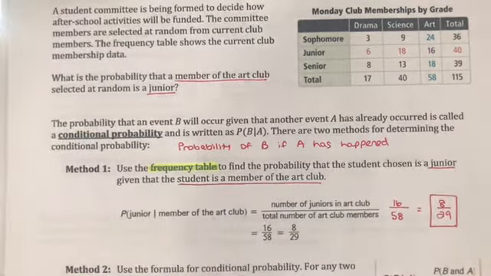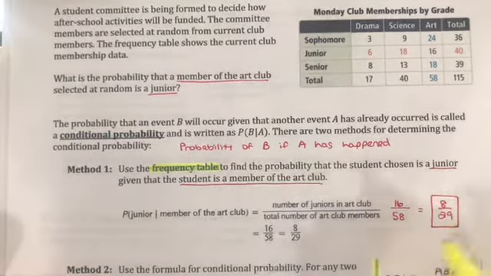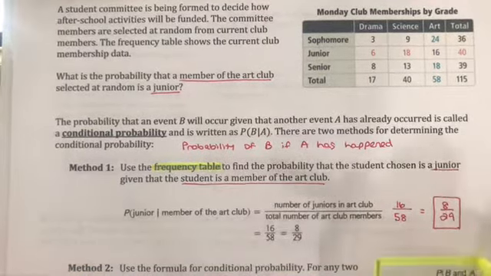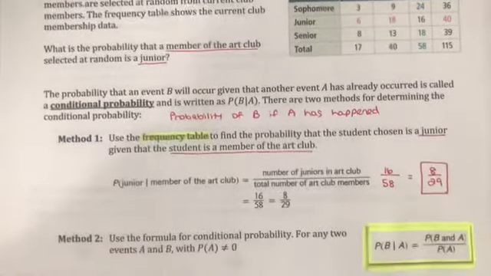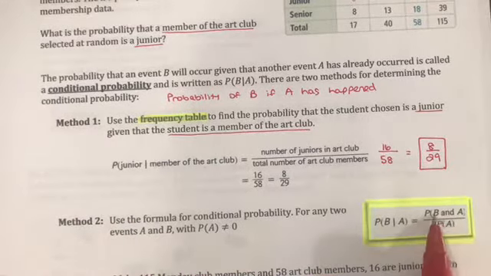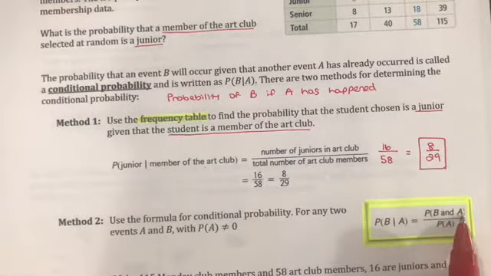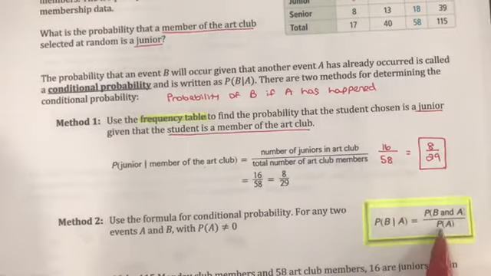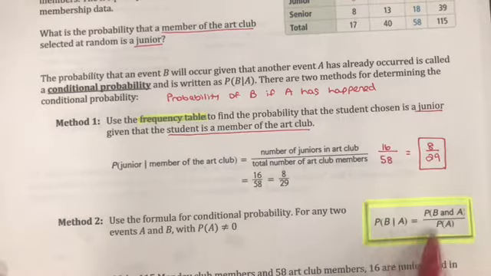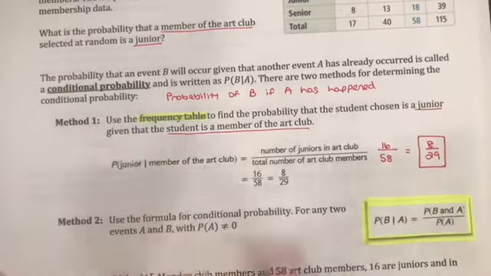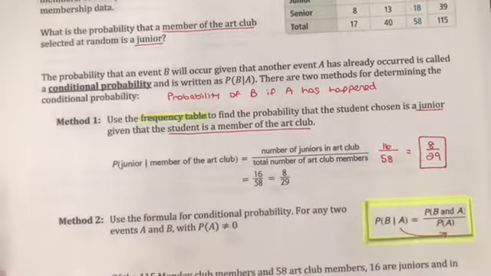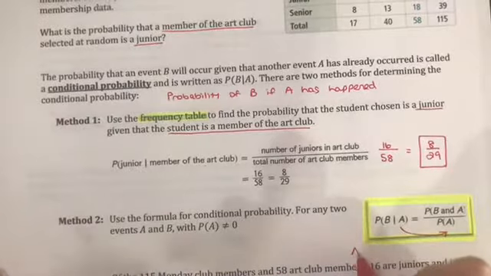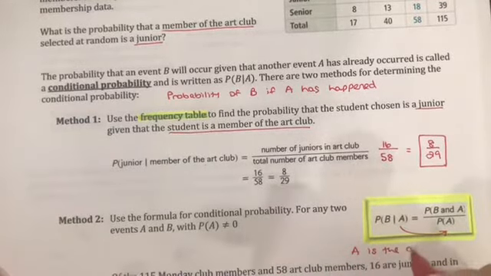And for us to do that, there's a formula for conditional probability, and it's right over here. Okay. So the conditional probability formula says you're going to find the probability of B and A occurring at the same time, and you divide it by the probability of A. Remember, A is the given event.